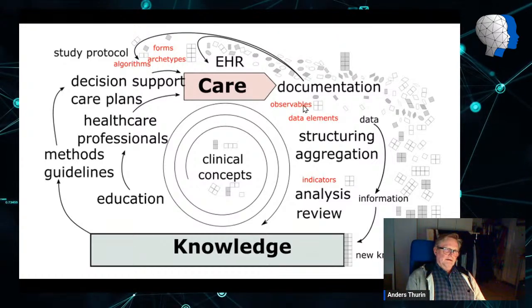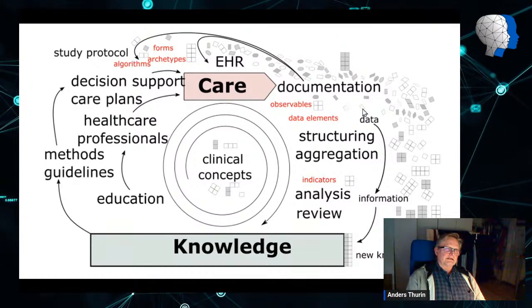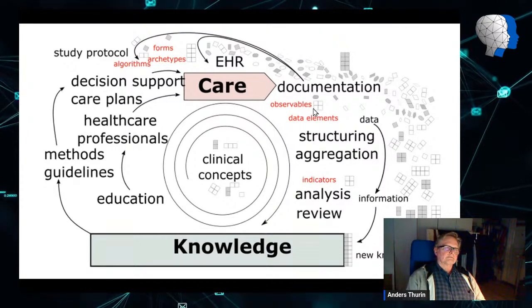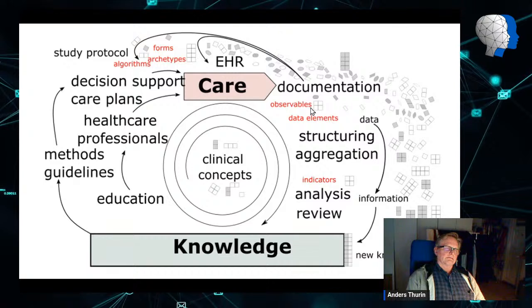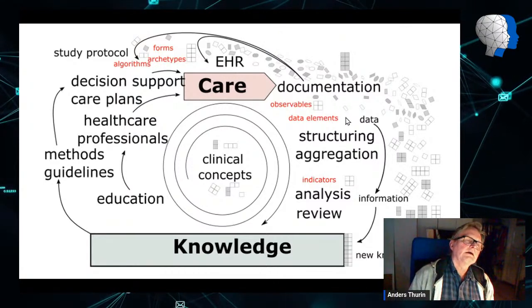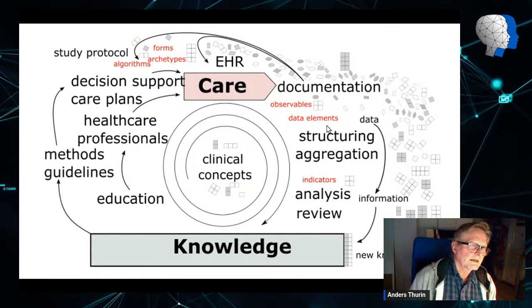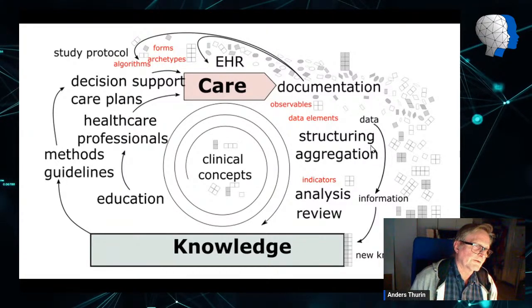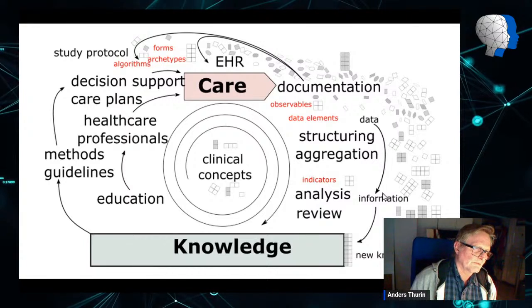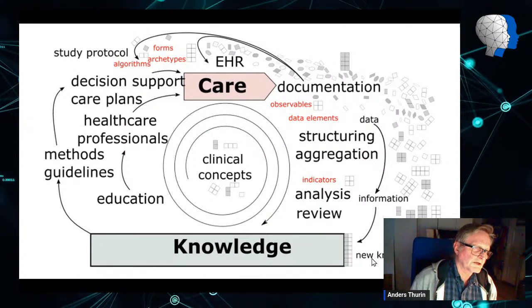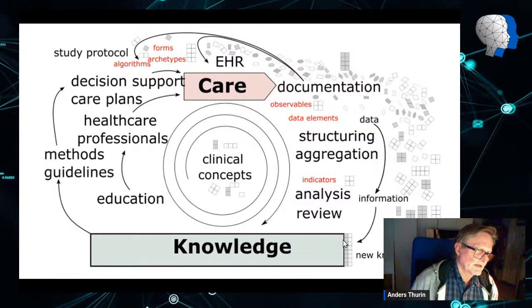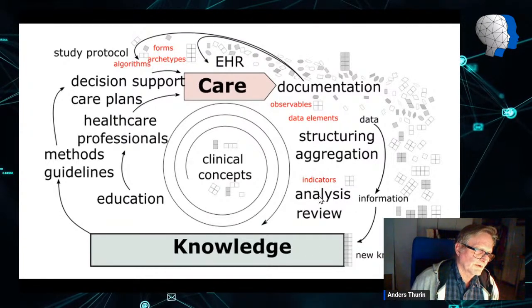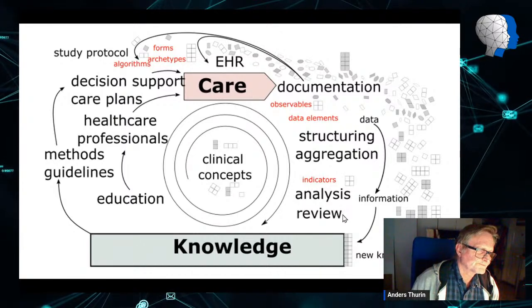But in any way, these small items could be seen as observables, which are instantiated to data elements and then might be aggregated or structured to become information and new knowledge, which then is added to the base of knowledge after a proper review or analysis.